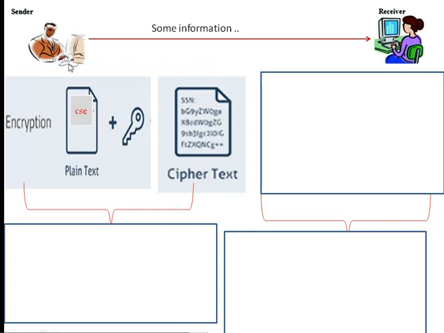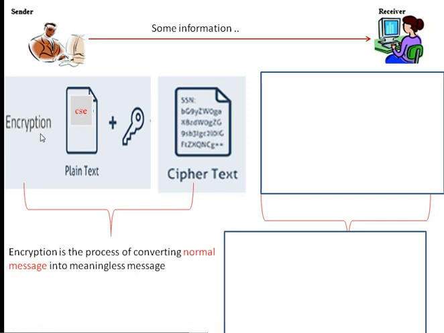He wants to send this information to receiver B. What will he do? He will make this information into unreadable form. How to convert it into unreadable form? With the help of a key, and our original message is converted by what? Encryption.